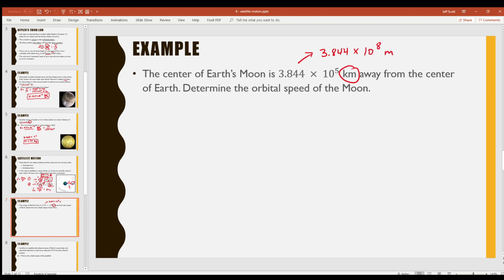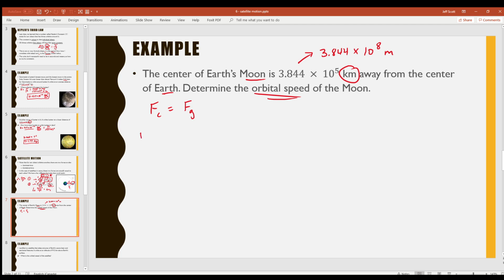Now that I have that cleaned up, let's recognize we're looking for the orbital speed of the moon. The moon is orbiting around the Earth. That tells us a relation that we have is that our centripetal force is equal to our gravitational force. Now our centripetal force has two different formulas we could use. Because we're looking for our orbital speed, we're going to use the force centripetal formula that contains speed.